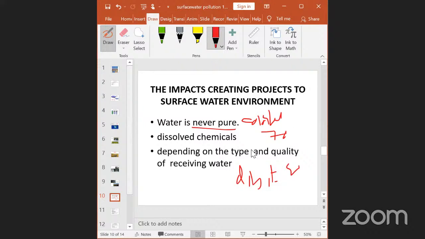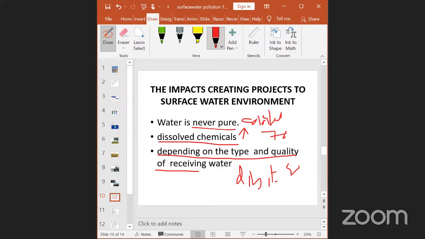Natural or rainwater always contains at least some minimum amount of dissolved chemicals which originate from the atmosphere. So the development of water quantity and quality depends on the type and quality of the receiving water, not only on the development type, right?